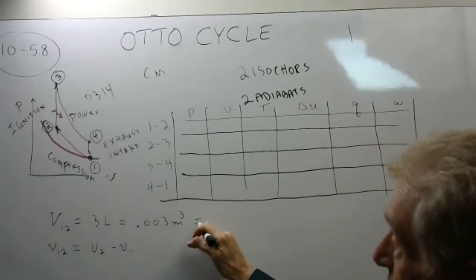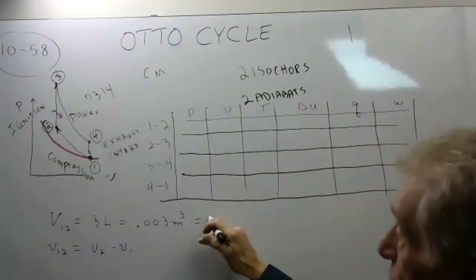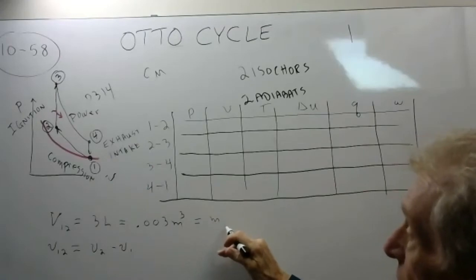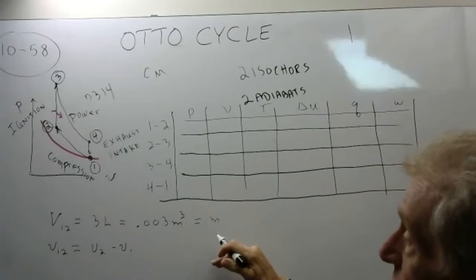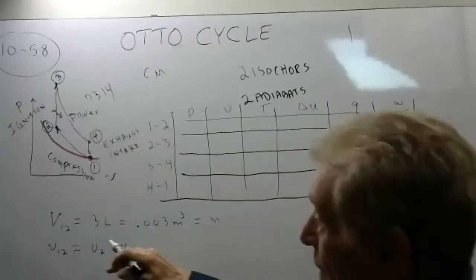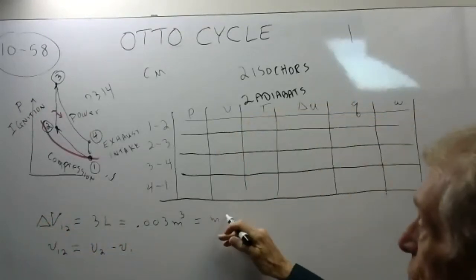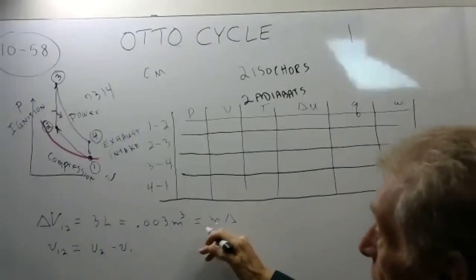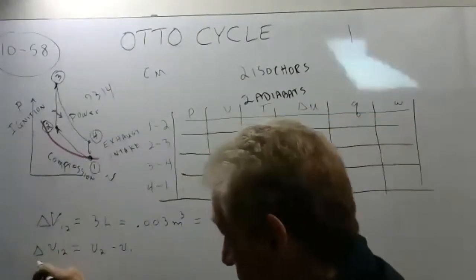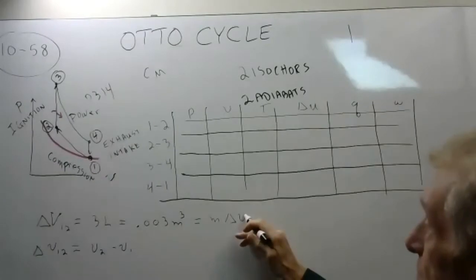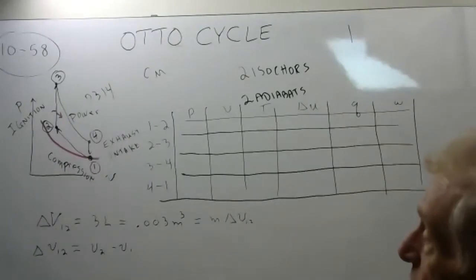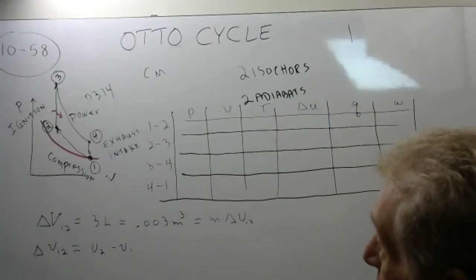See, if you wanted to know what this was, this will be your mass times, actually, that's the change in volume from 1 to 2. This would be your mass times the change in specific volume from 1 to 2. So you'd have to multiply by mass.